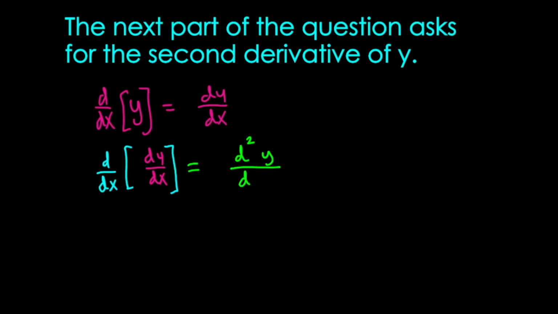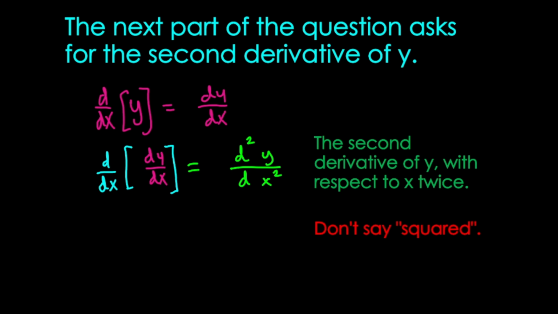So we put the d here, but now the 2 goes on the x. A lot of people want to read this as squared, but nothing got squared here. This is an indication of the order of the derivative. So the way you read this expression is the second derivative of y with respect to x twice. Don't say squared.